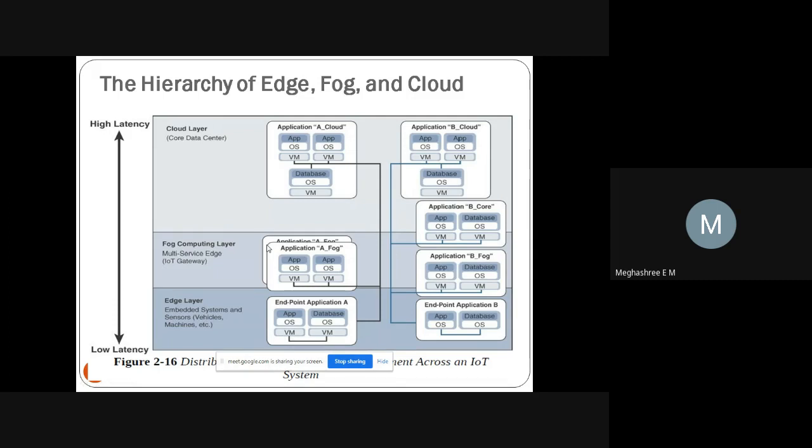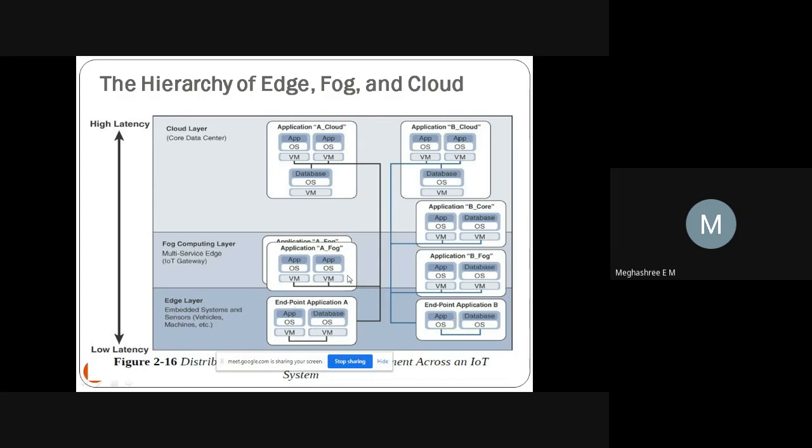And this is the hierarchy followed in processing the data. Okay, so as you can see here, the edge layer. This is the parallel part of the IoT simplified architecture that we discussed yesterday. Okay, where the data management and the computing is done. In the edge layer, the devices or the sensors are deployed, where some amount of processing is done.